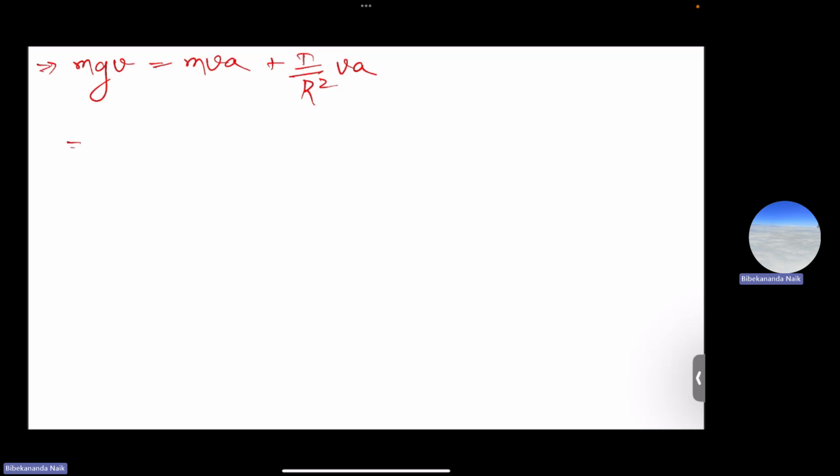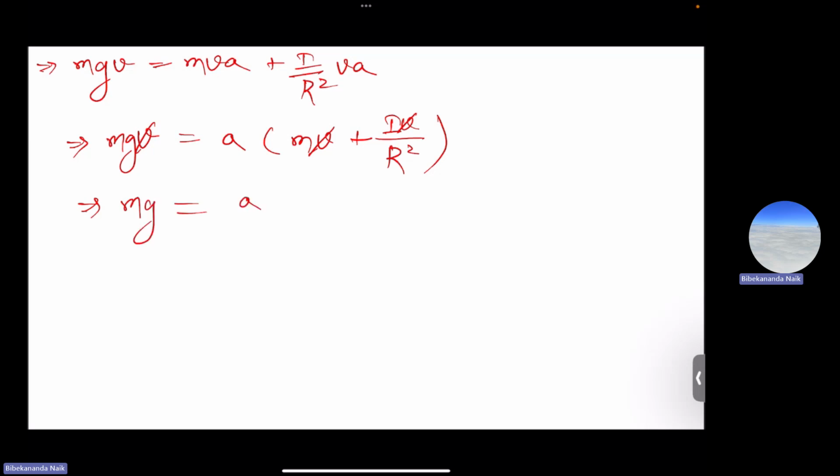So if you take a common, mgv equals to mv plus Iv by r square. Here v gets cancelled out.